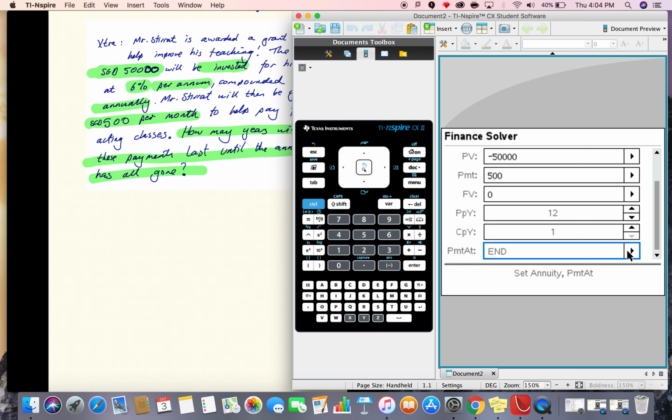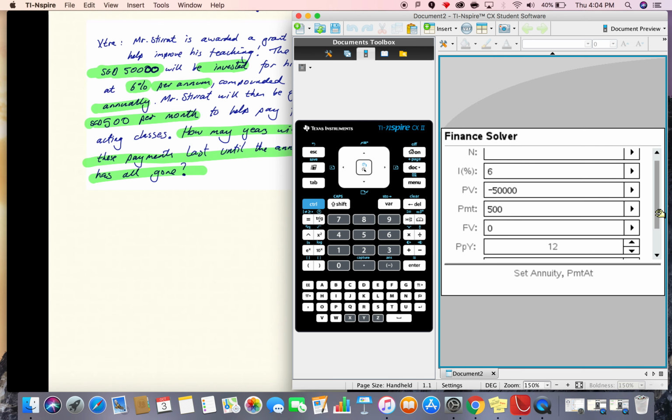The only time you would set it at the beginning is if you were investing a regular amount of money per month or per year into a bank account or savings account. At that stage, you would have the payment at the beginning, because at the start of opening an account, you'd be paying some money into the account. Okay, so let's see if that looks okay.